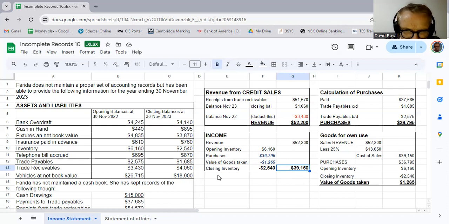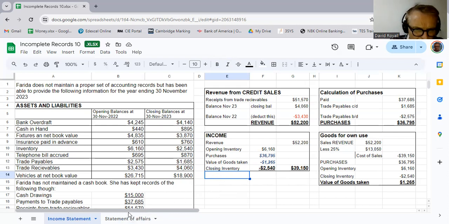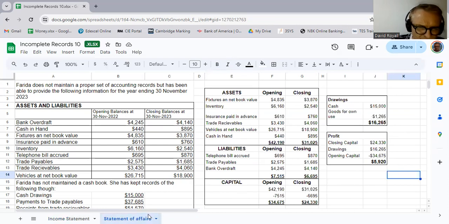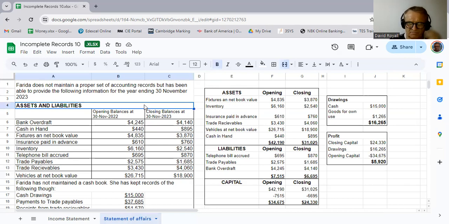Okay. Now, let's take it a bit further. I want a statement of affairs, similar to a balance sheet.